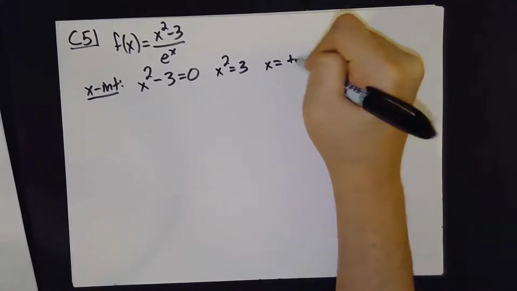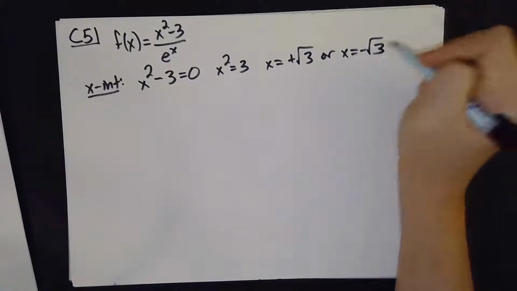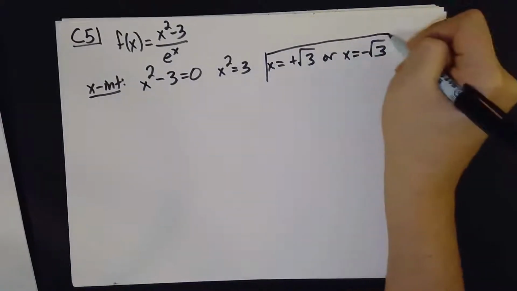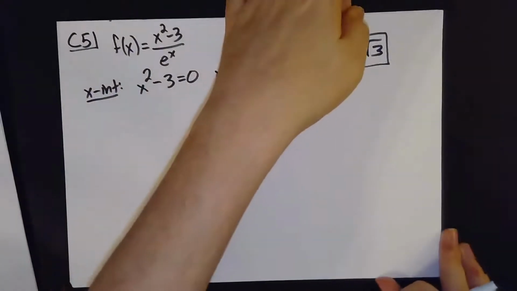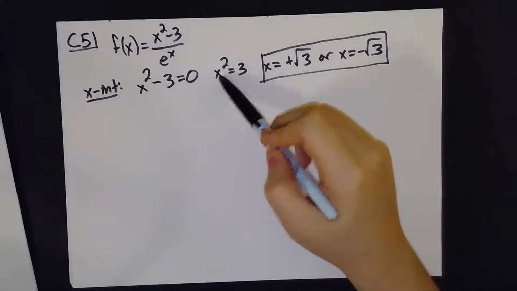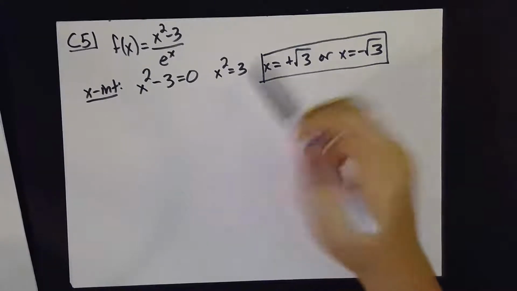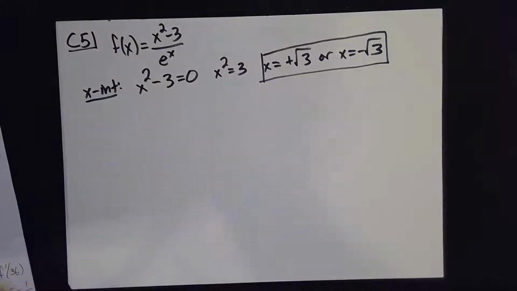So x is plus root 3, or x is minus root 3. Hopefully by now, it's been emphasized enough that if you have x squared equals something, you get two solutions, one with a plus and one with a minus.